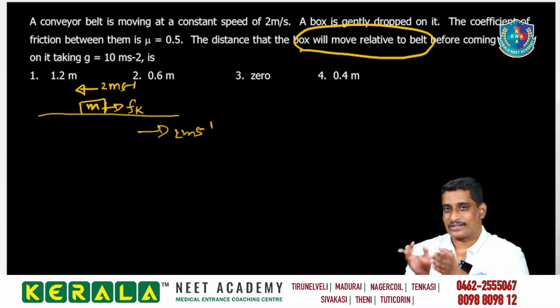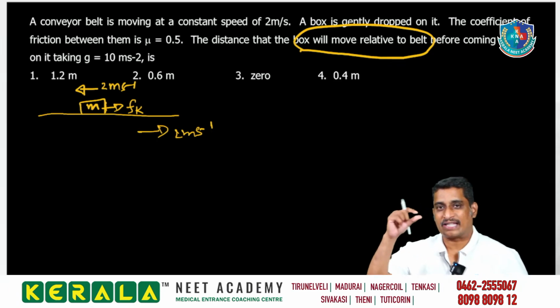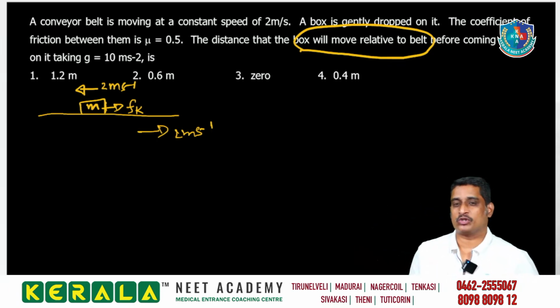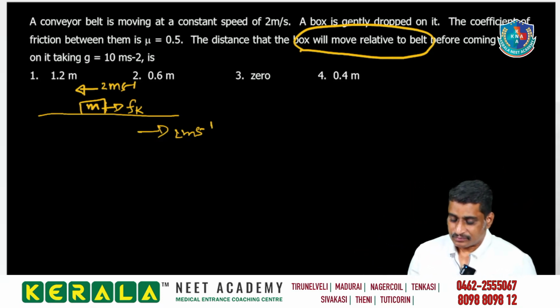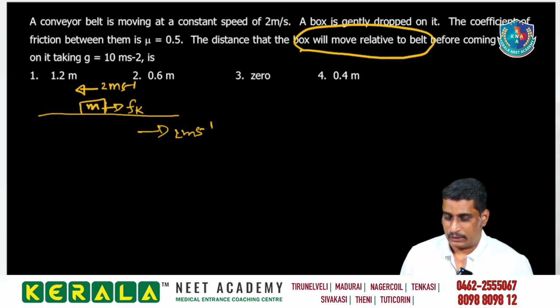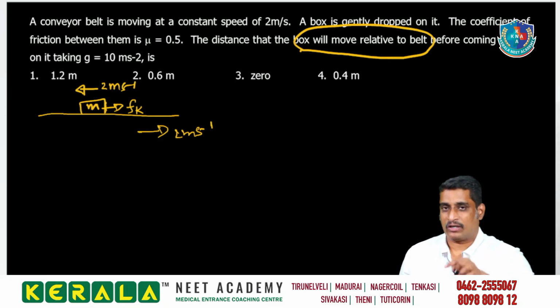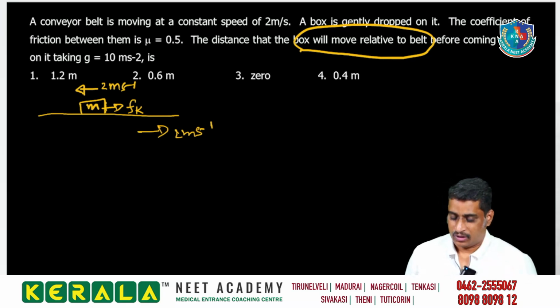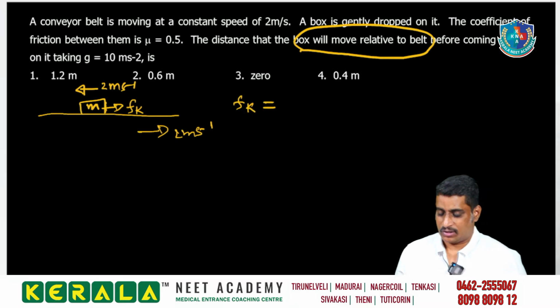So with respect to the belt, it will accelerate along the x-axis. The body always accelerates along the direction of the external force or total force. The total force will be Fk. So the block will accelerate along positive x-axis with respect to the belt, while moving along negative x-axis. After some time, the velocity of the block with respect to the belt will become 0. First of all, let us find this acceleration of the block with respect to the belt.